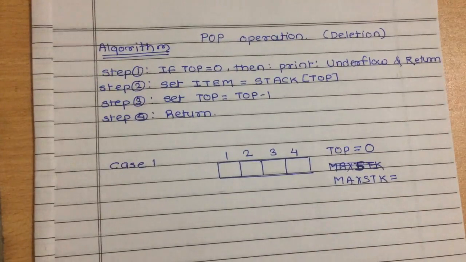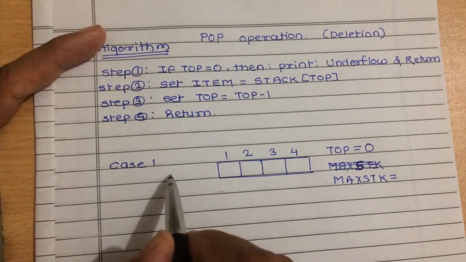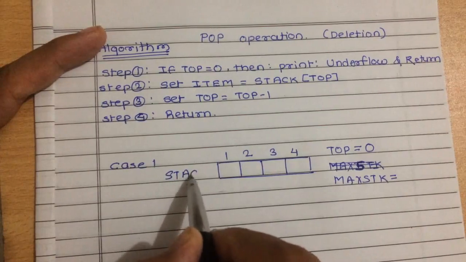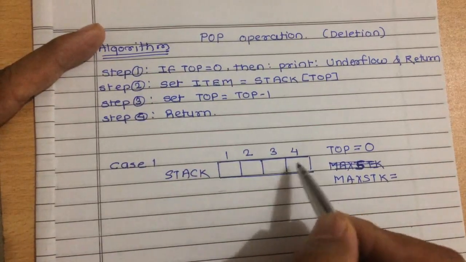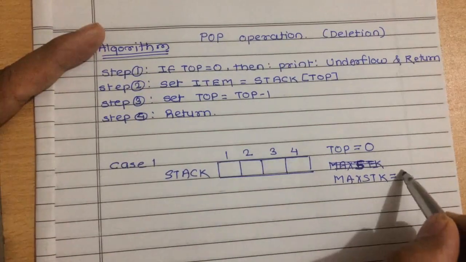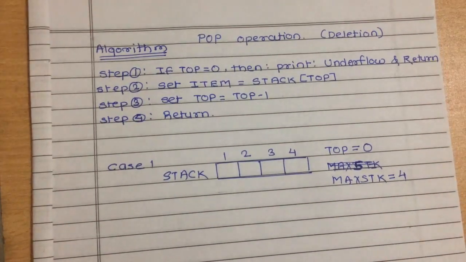Max stack is a variable which gives the maximum number of elements that can be held by the stack. So this is the name of this linear array, stack. How many elements we can store in this stack? Maximum 4 elements we can store in this stack. So the size of max stack is 4.